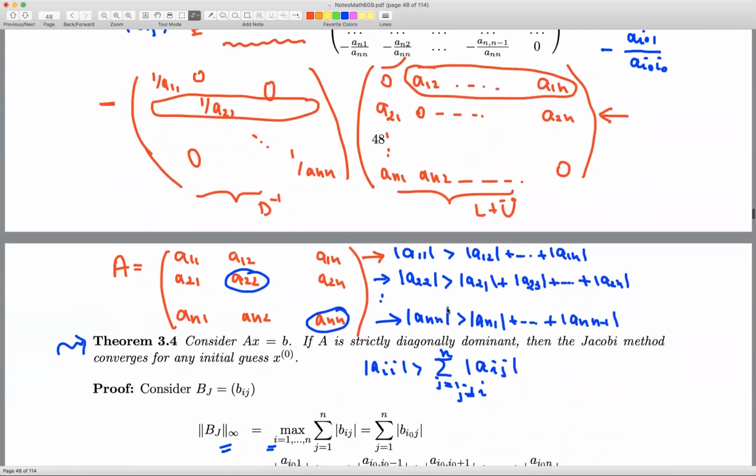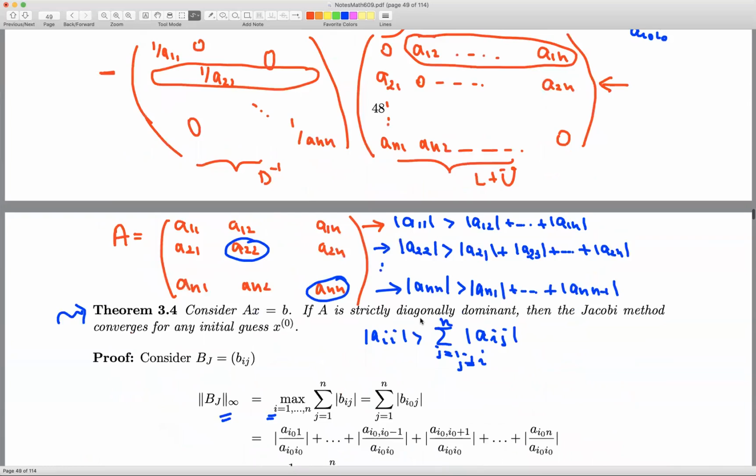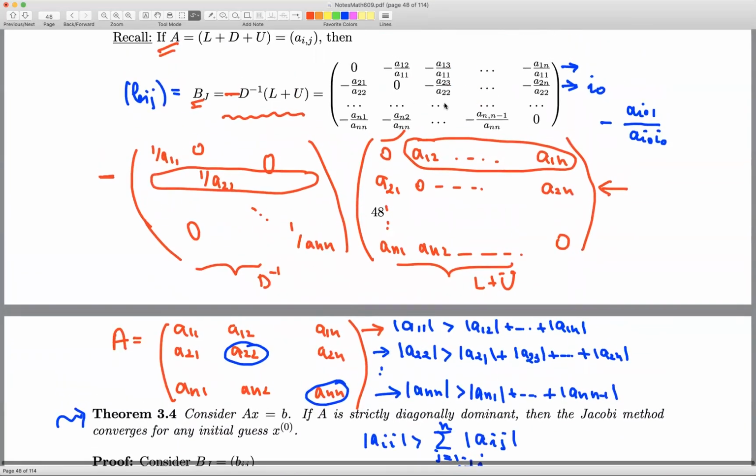This is the first term, and I wrote it here in absolute value, plus and so on. We see that we will have all these terms here, except in the middle, where the row i0 hits the main diagonal, which is at position i0, I will have 0.